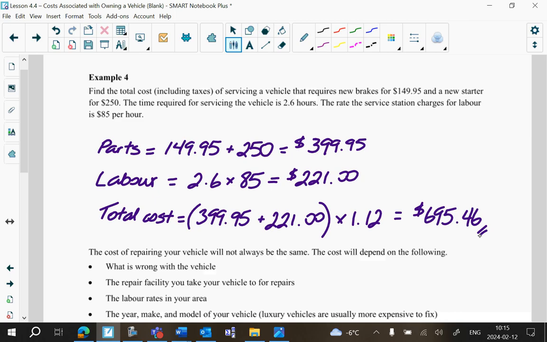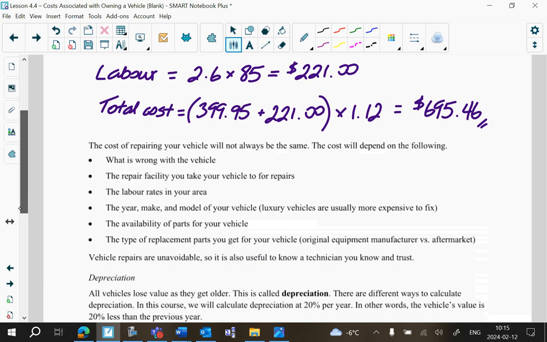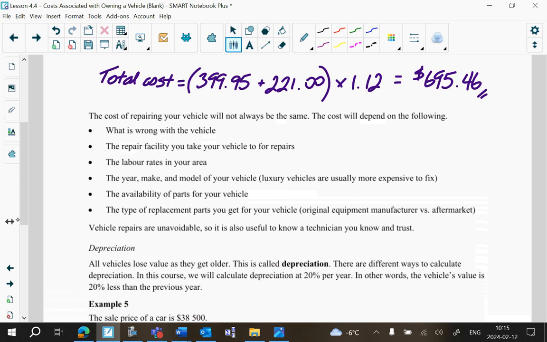So you can see here things that will affect the cost of repairing your vehicle. Well, it depends what's wrong with it, where you take it to. Some are more than others. I mean, if you've got a guy, chances are you will pay less than if you take it to a dealership.